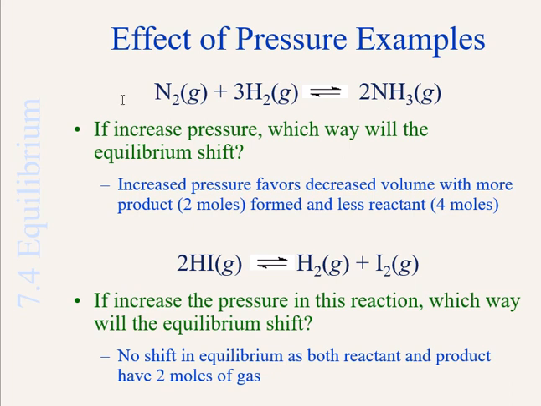If we decrease the volume, that means the pressure is going up. The system will try to counter that pressure increase, and so the system will go in the direction which gives you fewer moles of gas, which would result in less pressure. So in this case, the system will move to the right when the volume is decreased.